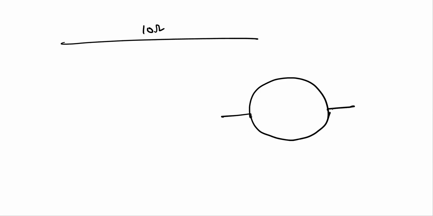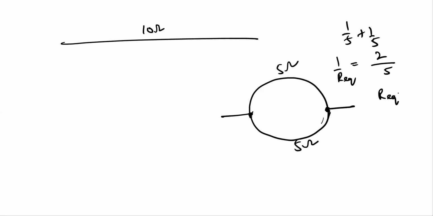Okay, this is the half length, and this is also half length. Got it? Yes, sir. So this is 5 ohm, this is also 5 ohm. The whole wire is going to have 10 when it is connected. When you are connecting it with the diametrical end, you will get 1 by 5 plus 1 by 5. So 1 by R equivalent is 2 by 5. So when you take the reciprocal, 5 by 2, you will get 2.5. Okay, understood?